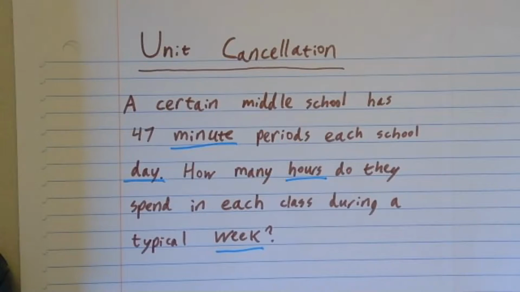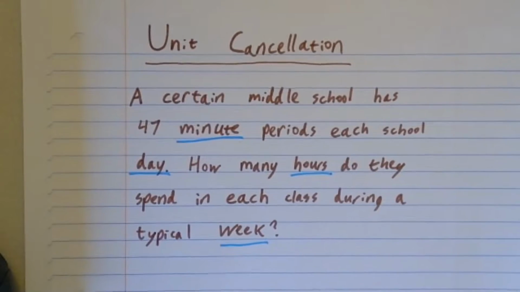Per is a word that doesn't appear in this problem, and yet I immediately started using it when I was trying to make sense of this problem. And it's a very helpful word because per basically means divided by. This many hours per day means each day it's that many hours. So it's a helper word to know that it's going to be a division situation.